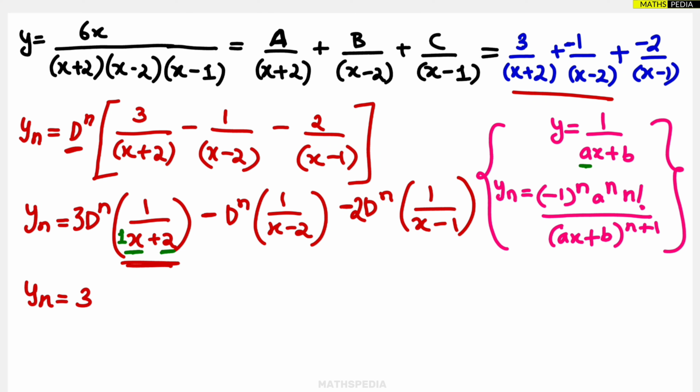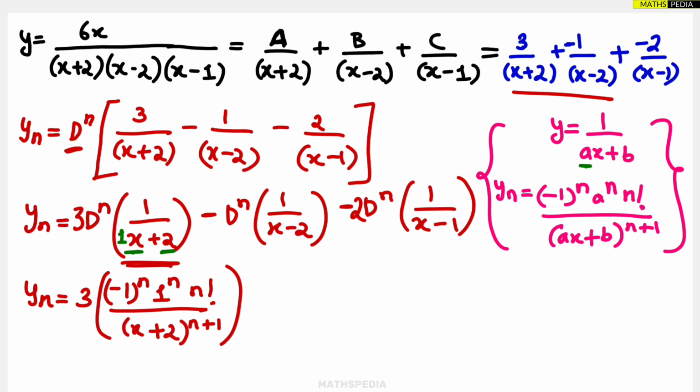n will remain as it is, okay? So minus 1 power n, a power n. Instead of a, what do I have to substitute? 1 power n into n factorial divided by ax plus b, that means x plus 2 power n plus 1. Done. Minus, now the nth derivative of this thing. What is the a value? Again the a value is the coefficient of x.